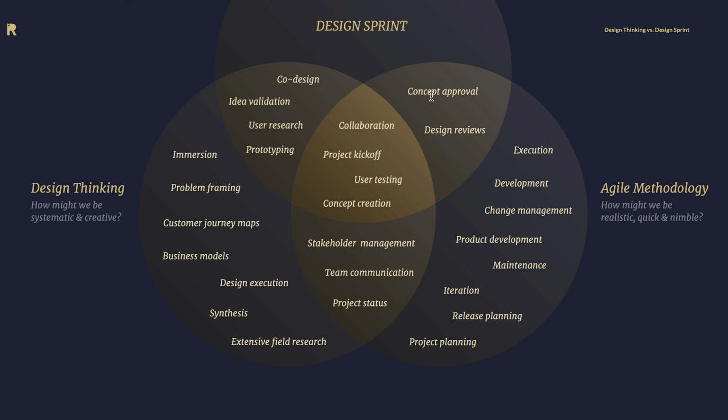Why do I put concept approval and design reviews under design sprint but not design thinking? Because oftentimes in practice, design thinking is very loose. You're presented with so many different tools and options for you to work with, but there's no end to it, and that's why the process could go on forever.